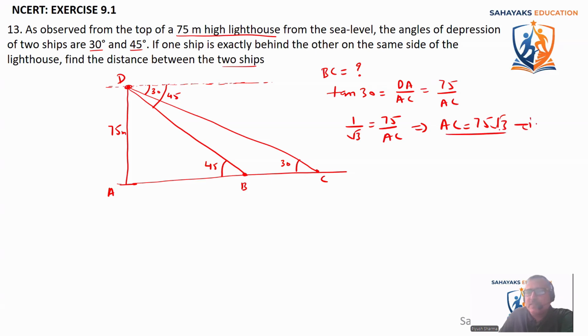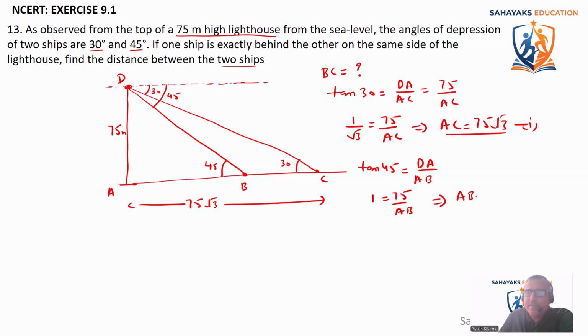Okay, so this is your first equation. So this entire distance is 75 root 3 from here to here. Now, we have to find AB. For AB, we'll say tan 45 is equal to dA divided by AB. So tan 45 is equal to 1, which is equal to 75 divided by AB, and it implies that AB is equal to 75.